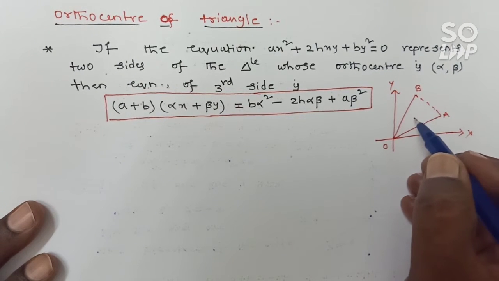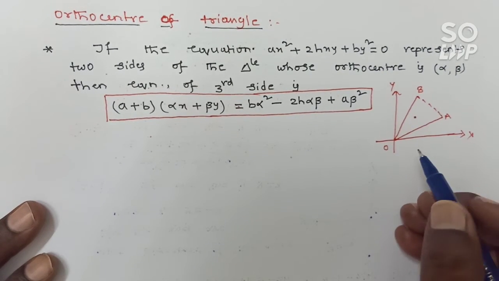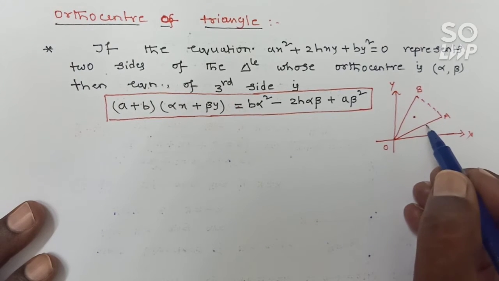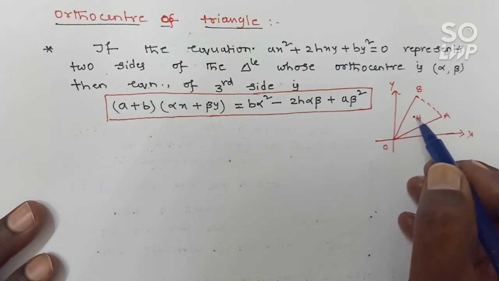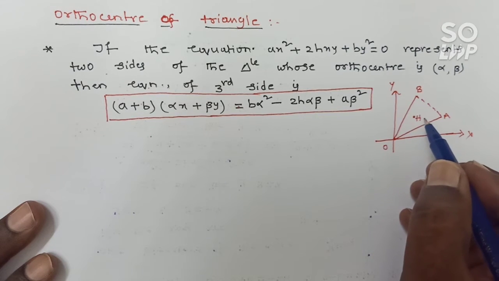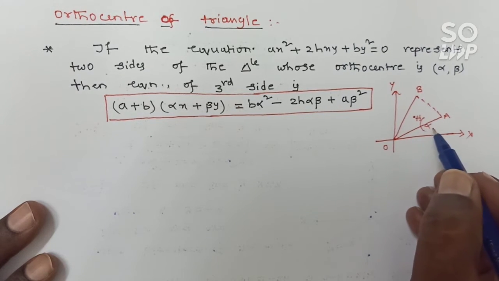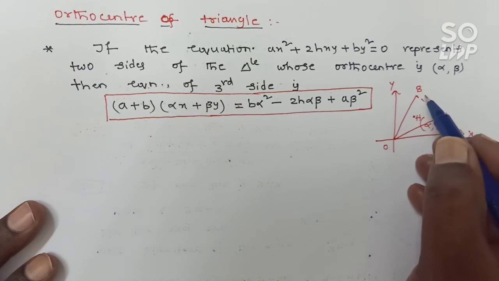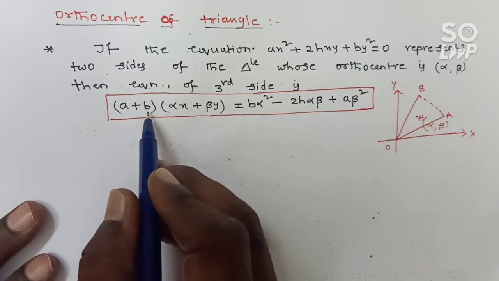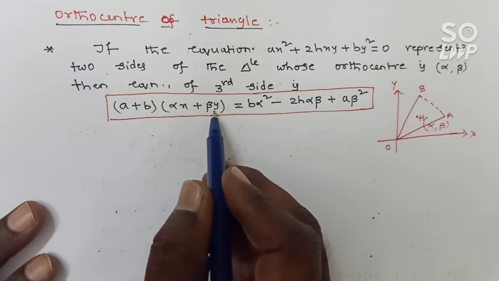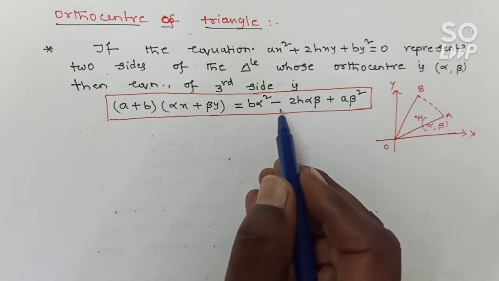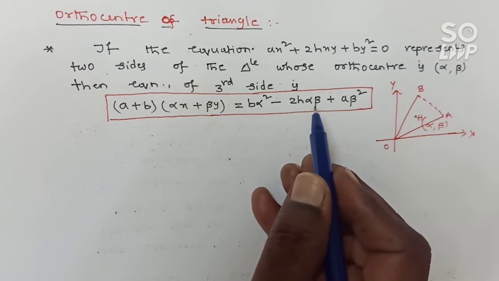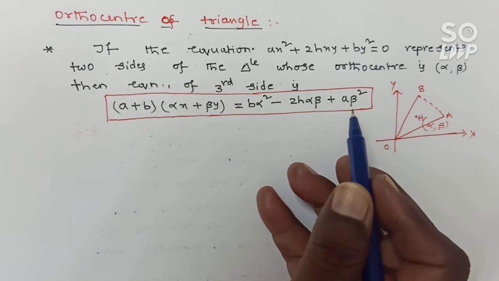So how can we find the third side? The orthocenter is denoted by H. When H is given as (alpha, beta), then the third side is (a plus b) into (alpha x plus beta y) is equal to b alpha square minus 2h alpha beta plus a beta square.